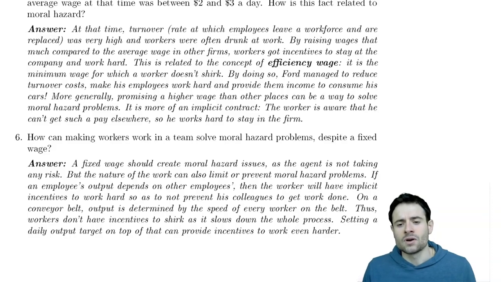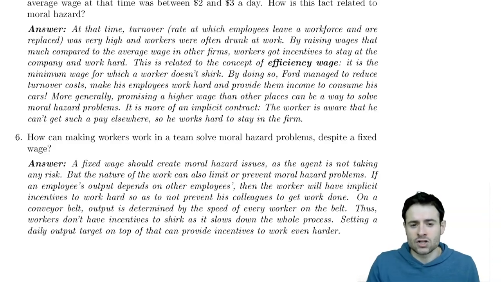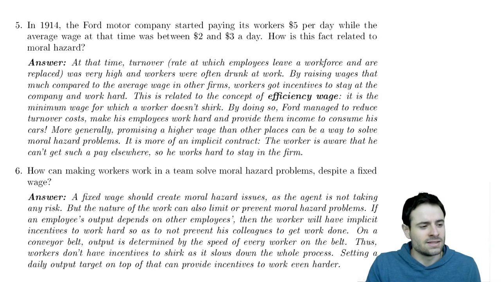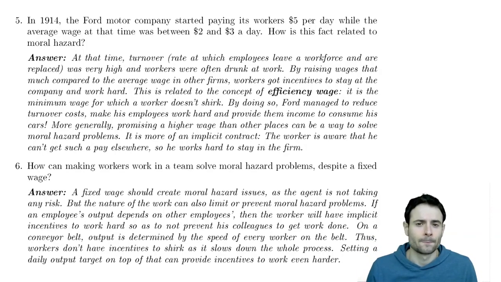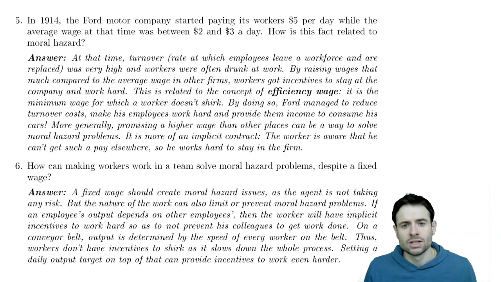We also have forms of implicit contracts, which are ways to make sure that the employee in general or the agent is not going to engage in moral hazard behaviors, is not going to shirk. I talked about the efficiency wage as a way to keep a worker motivated. I am paying you more than other industries, so you better work hard to keep your position.